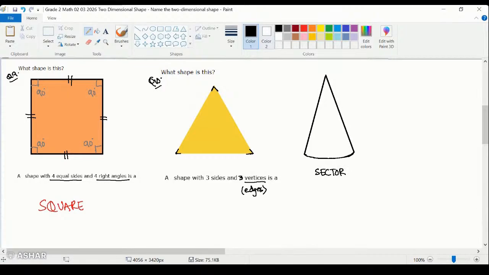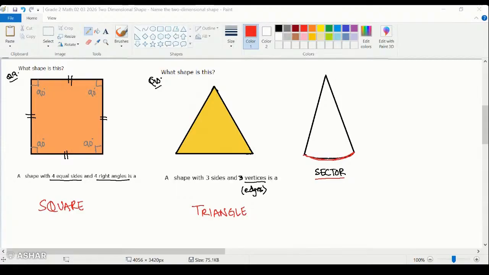But if all the lines were straight lines, then this shape would be a triangle, thank you, Deborah. The only difference was this was a curve. Whenever it's a curve, we call it a sector. But when all the three lines are straight, we call it a triangle. Okay, perfect. Let's move ahead.